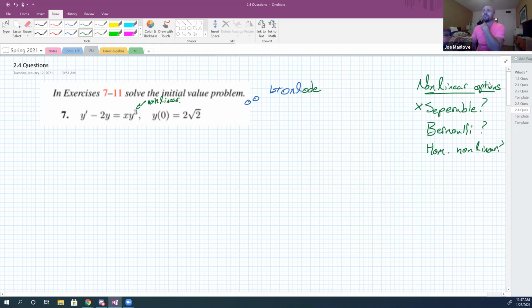Is it Bernoulli? What does a Bernoulli thing look like? Anybody? It kind of just looks like a linear equation, but with a y on the right side to a power other than 0 or 1.